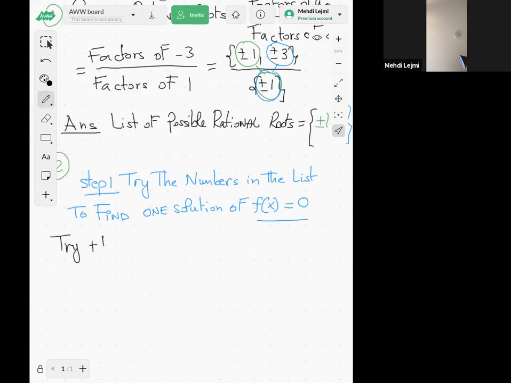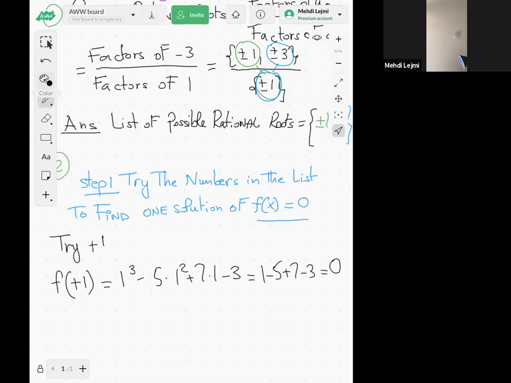So f of positive 1 is 1 cubed minus 5 times 1 squared plus 7 times 1 minus 3. So that's 1 minus 5 plus 7 minus 3. 1 minus 5 is negative 4, plus 7 is positive 3, minus 3 is 0. So we get 0.